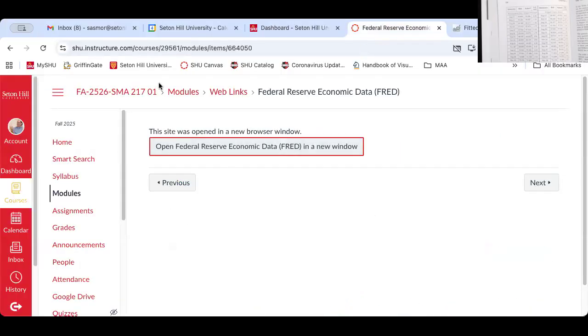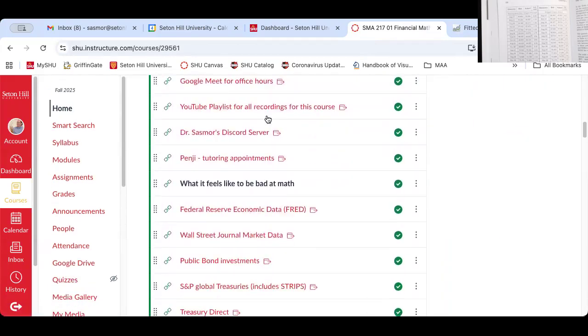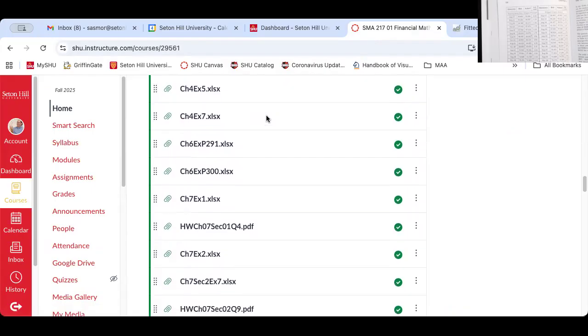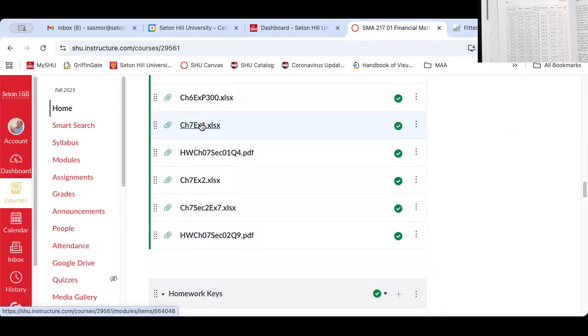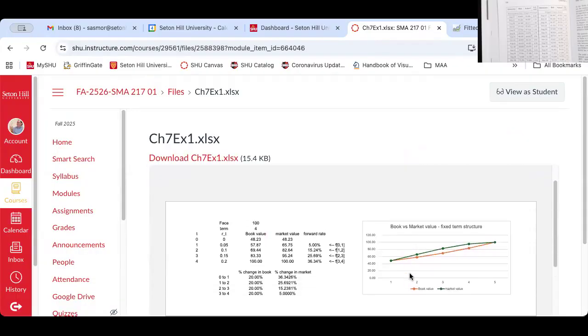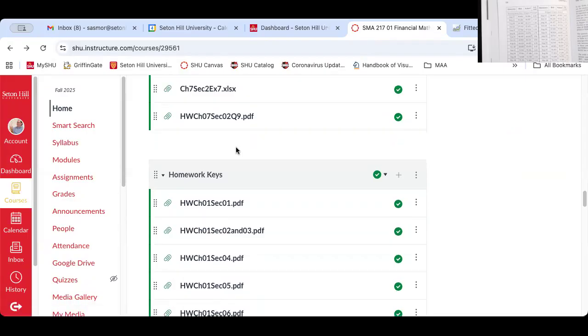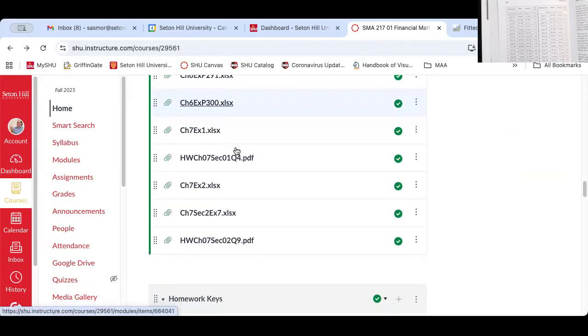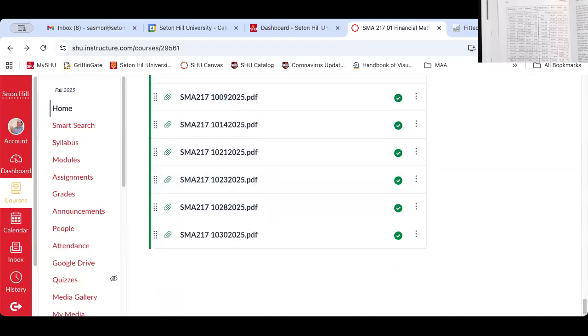Go back to our Canvas page. Examples. Chapter 7. I think this is our table right here. No, that's an example. Oh, I'll have to go find our strip table. I know I did it. Now I just have to find out where I put it.